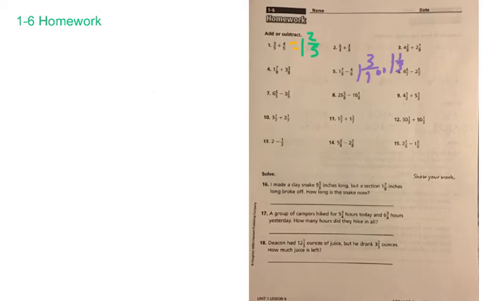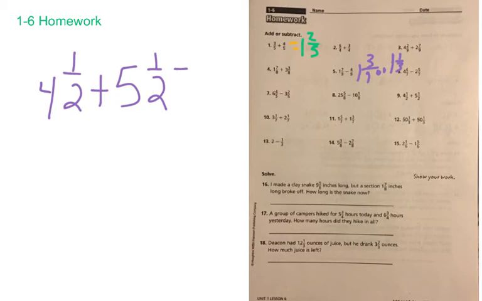Let's go ahead and look at number 9. We have 4 1/2 plus 5 1/2. And in this one, when we add, we're going to add our two fractions together first, and 1/2 plus 1/2 is equal to 1 whole.